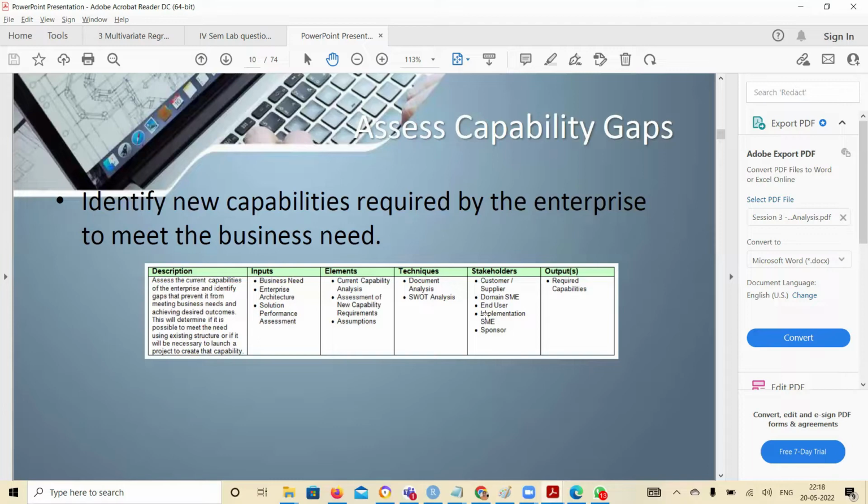Stakeholders: read and tell me if you don't understand any stakeholders from the list. You have customers, suppliers. The customer is at the extreme right end, who is going to consume your product, who is going to buy and consume. Those are the end customers. Then you have the supplier, who is going to supply the product that you need.